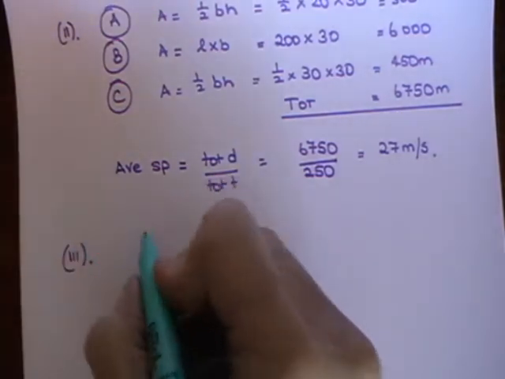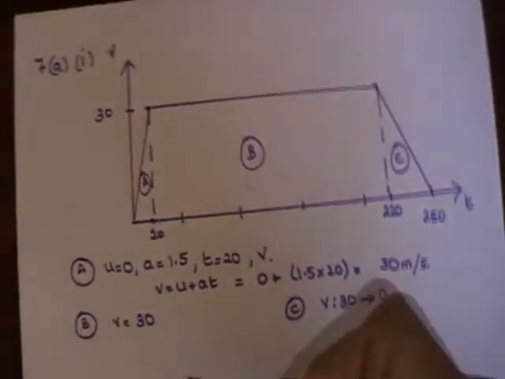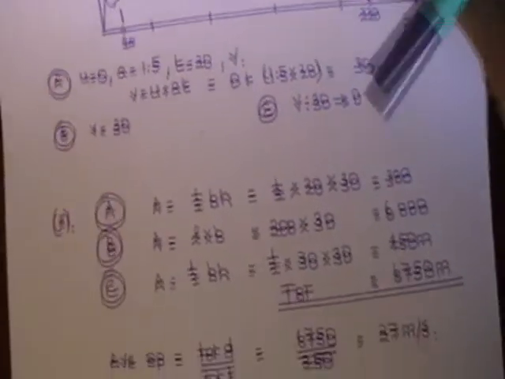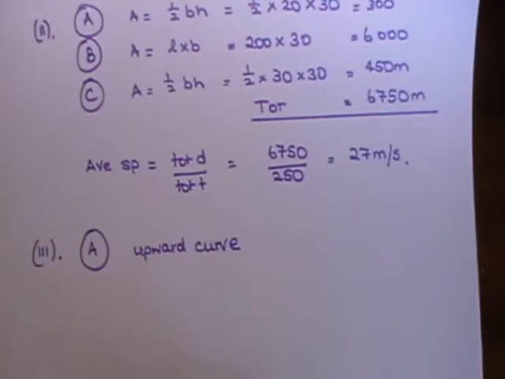Now, part A, it is accelerating uniformly. And accelerating uniformly then is an upward curve. It doesn't tell you to put displacement values on, so we don't have to do that calculation.